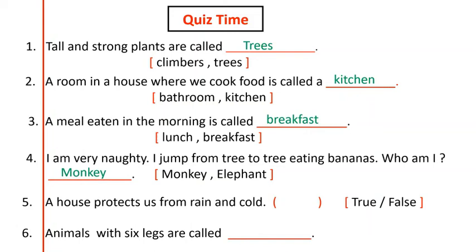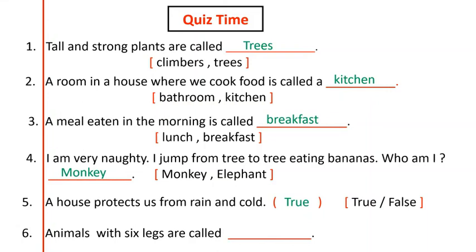Yes. Fifth question. A house protects us from rain and cold. Is it true or false, children? A house protects us from rain and cold. True or false? Yes, very good. It is true.